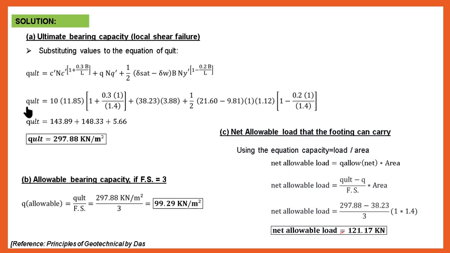So, when we substitute and calculate that, our ultimate bearing capacity is equal to 297.88 kilonewton per meter squared.